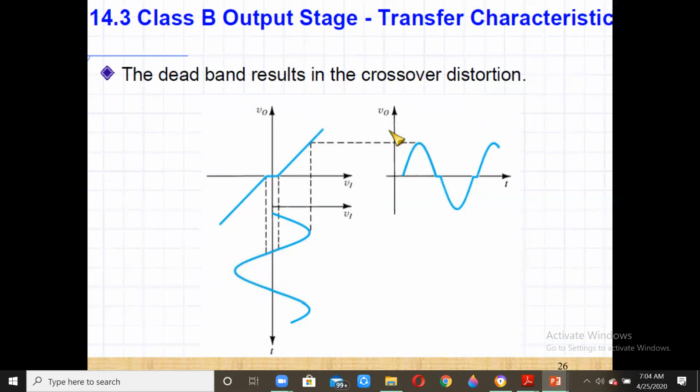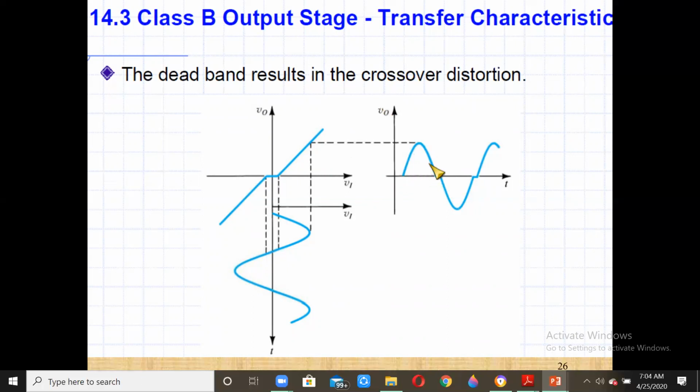So corresponding to this output waveform, if you divide this by RL, you'll have the current. The waveform for the current IL, or indirectly the current IC, will also be just the same.